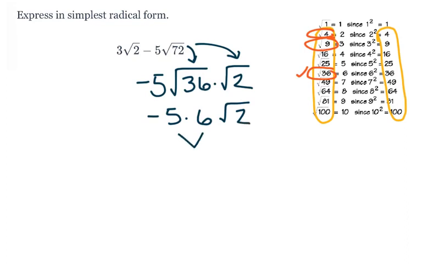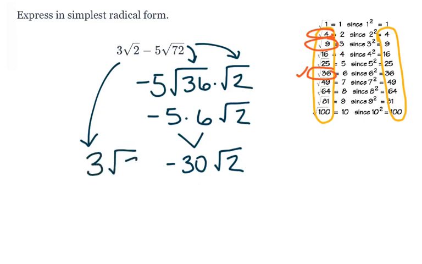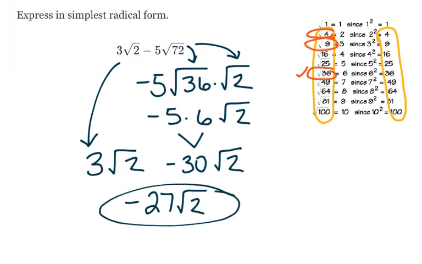Let's go ahead and multiply these two together. We get negative 30 root 2. And then bring down 3 root 2. So I got 3 root 2 minus 30 root 2. That becomes negative 27 root 2. Okay. All right. So that is it.